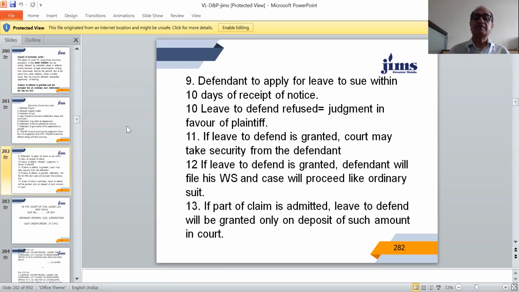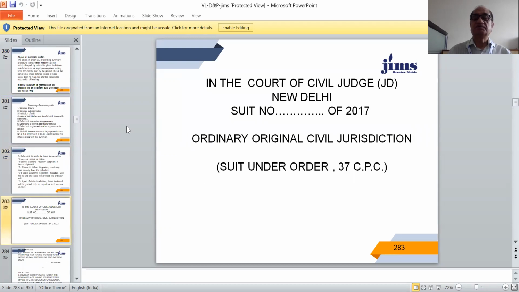And if leave to defend is granted, then court may take security from the defendant. If leave to defend is granted, then of course defendant will file his WS and case will proceed like an ordinary suit. If part of the claim is admitted, then leave to defend will be granted only on deposit of such amount by the defendant in the court.